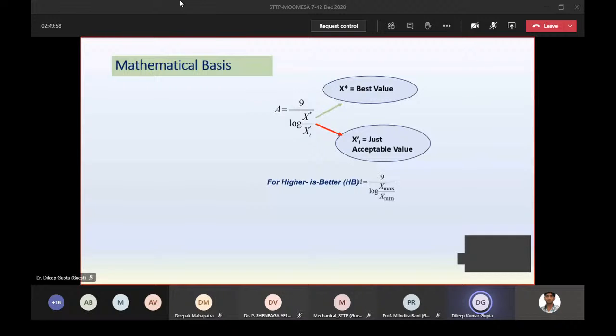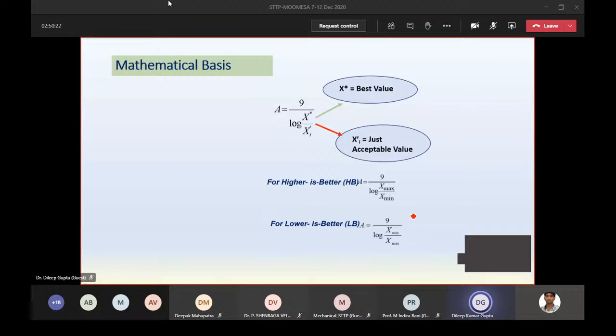Higher is better, so x maximum becomes the best value and x minimum becomes your worst value or the just acceptable value. Similarly, for the case of lower is better, A will be equal to 9 divided by log of x maximum divided by x minimum, right?